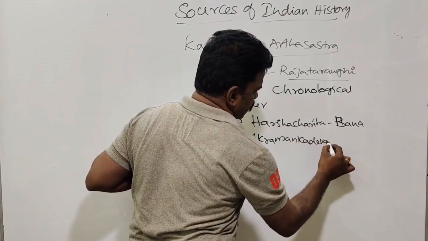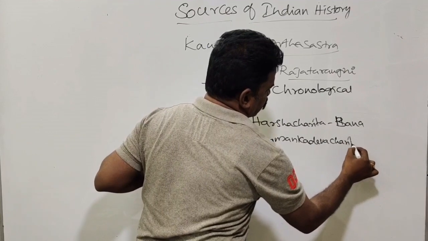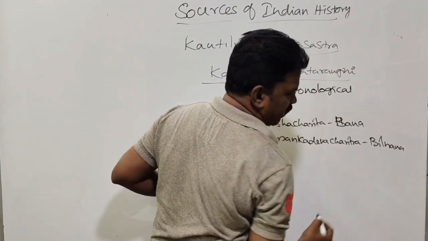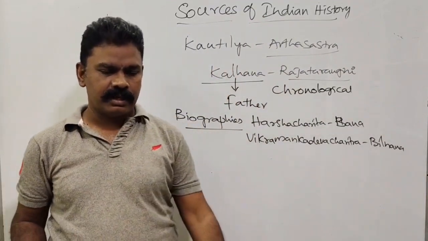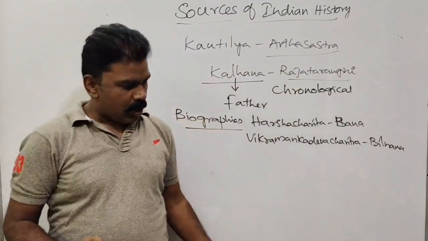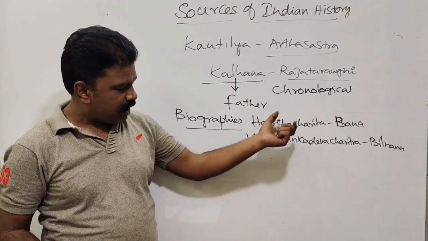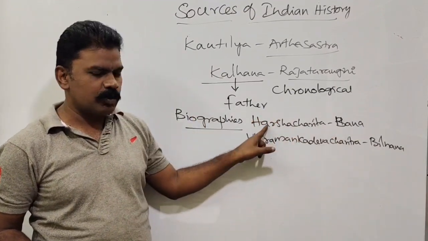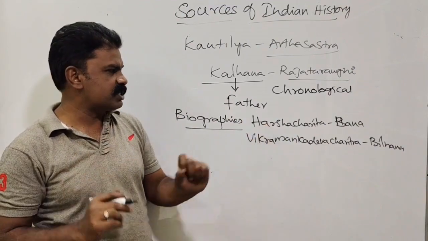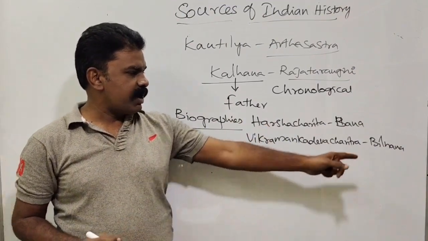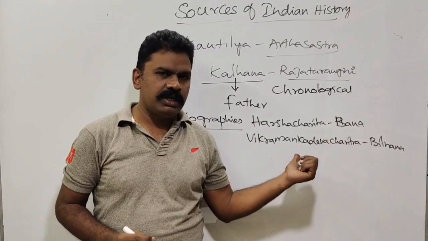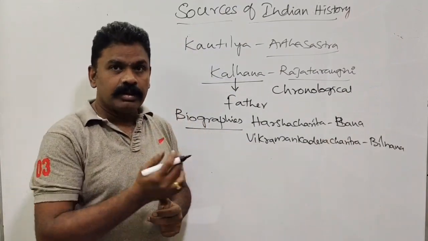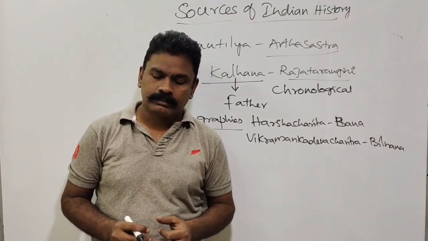Bana's Harsha Charita speaks about the complete information of Harshavardhana. Vikramanka Deva Charitra speaks about Vikramaditya VI of the Chalukya dynasty.